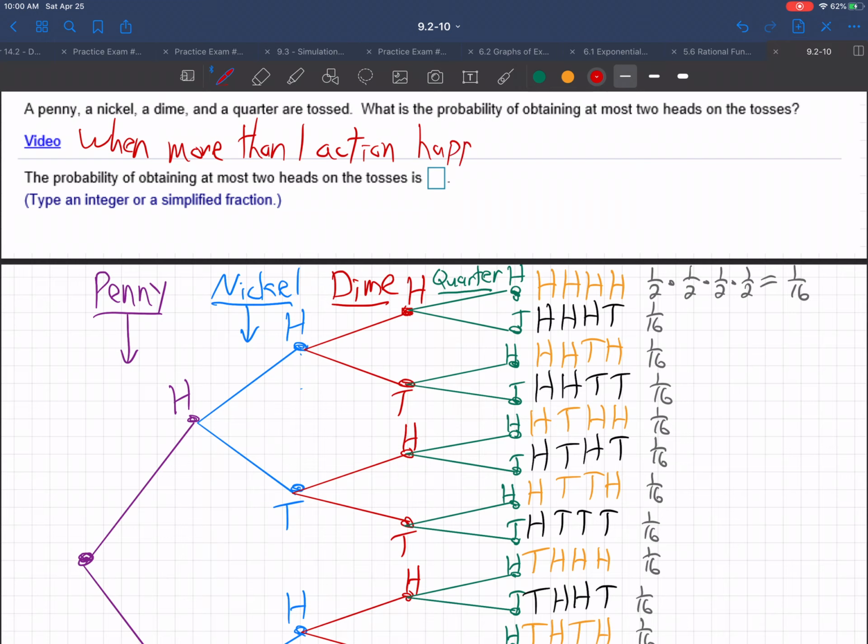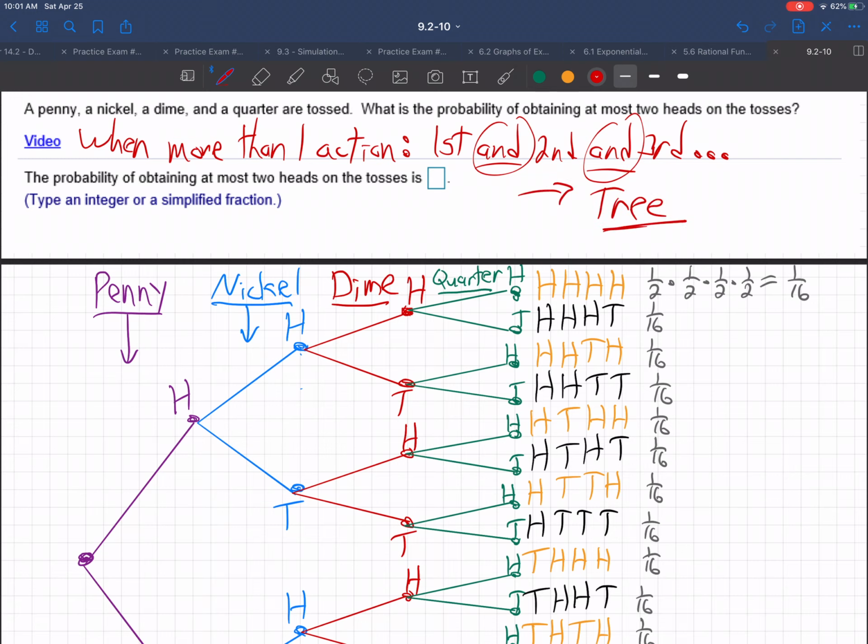So you have the first action and the second action and the third action, etc. When you have more than one action and there's an "and" between them, the first action happens and then the second and then the third, in that case you need to make a tree.